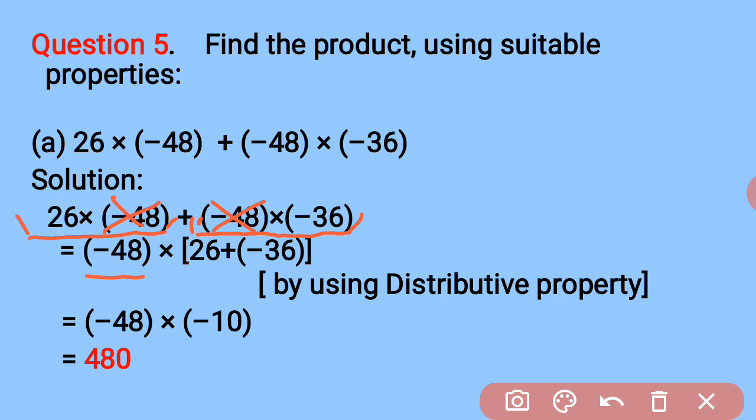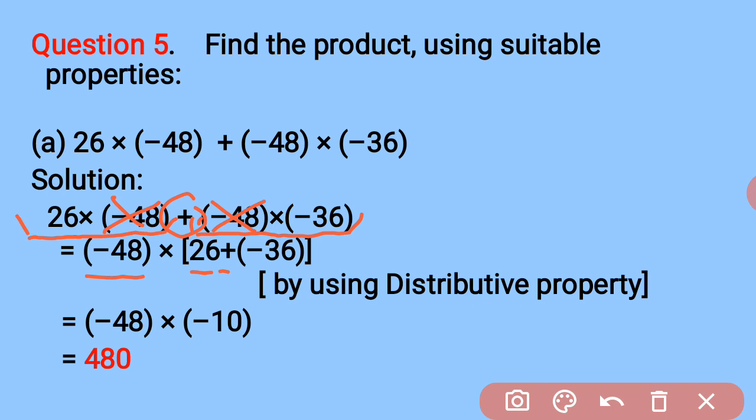Now when minus 48 has gone out, what is left in the first tray? Yes, it is 26. So we have written minus 48 multiplied by, and we have put another bracket wherein all the leftover things are put. From the first tray we are getting 26, so it is written as the first number. Then we have this plus sign, so we have written that plus sign here. And what is there inside the second tray?